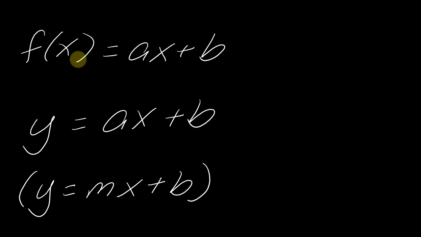What I wanted to point out is, as you move up in math, we start to change the letters on you because it doesn't really matter what the letters are. So I write ax plus b, but you might remember back to algebra using mx plus b, where m was the slope. So m is still the slope. It's just that sometimes we change the context of how we're thinking about it.